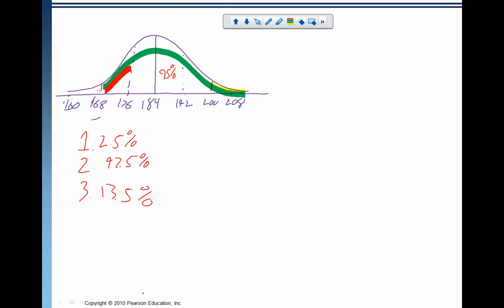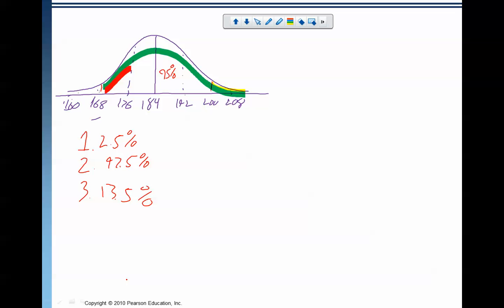Okay? So yeah, notice that there's more than one approach that you can take on this. 95 minus 68 divided by 2 will give you that. This whole section that we found, the 97.5, minus this section would also give you the same thing. You could take the whole 100%, subtract 68, and then subtract 2.5 and 2.5. I mean, you could go about this many ways.